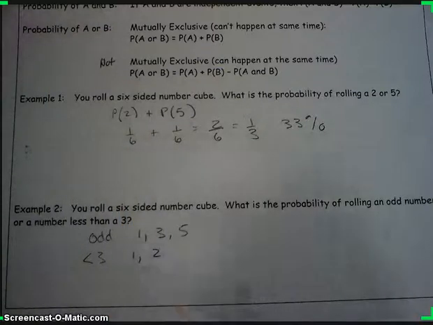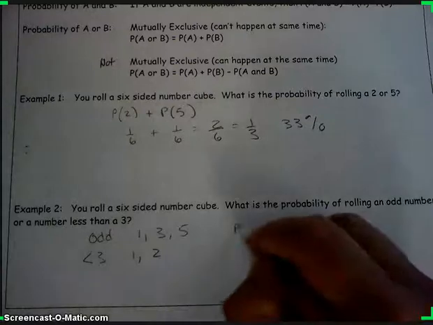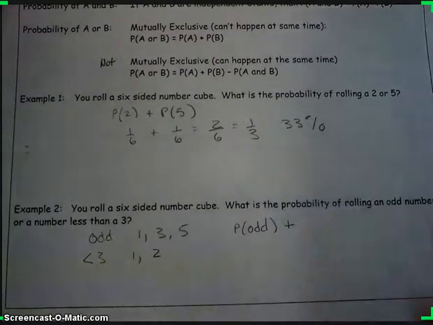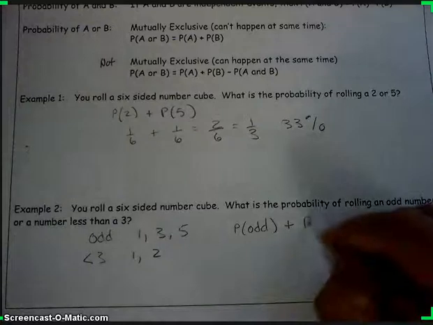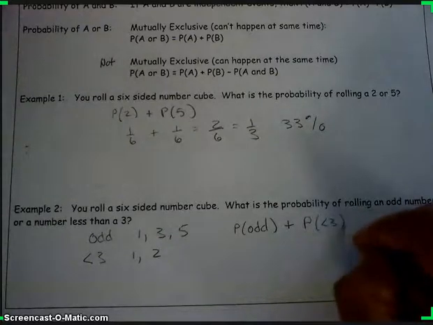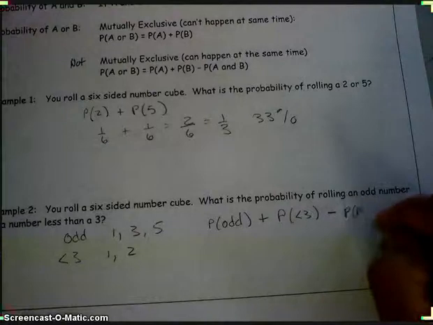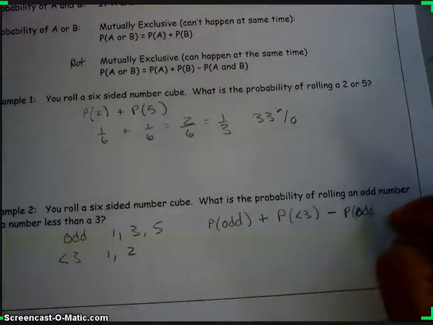I can roll a number that is odd and less than 3. So I'm going to have to take the probability that I roll an odd number, add the probability of rolling a number less than 3, and then subtract out the probability of both, that I'm odd and less than 3.